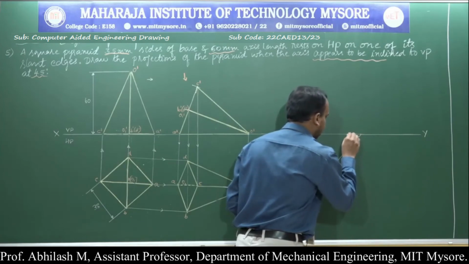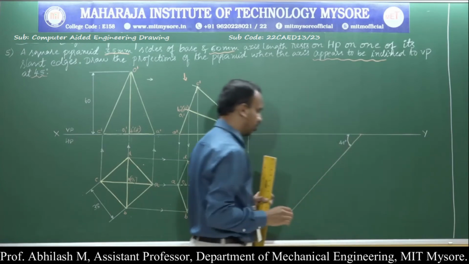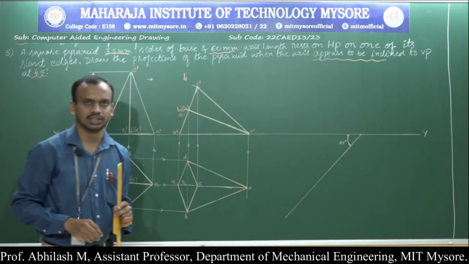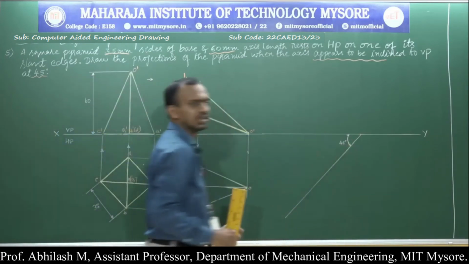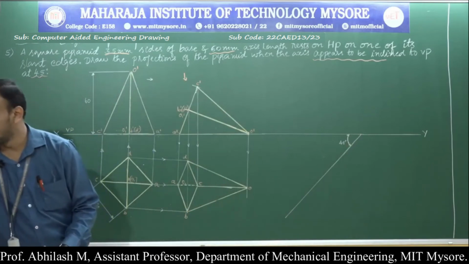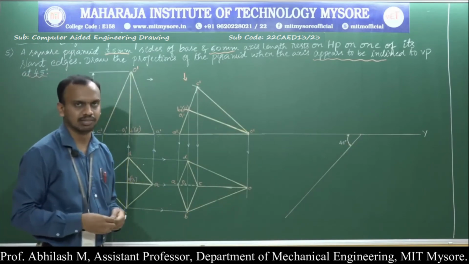What are we supposed to do? We are supposed to transfer the entire second position for this 45-degree line that we have taken. How to do that? With the help of an arc method basically.